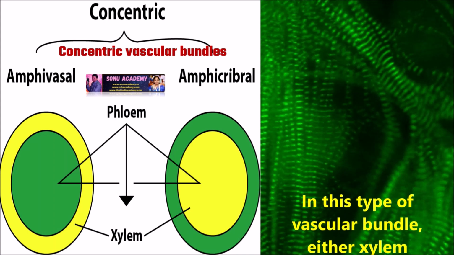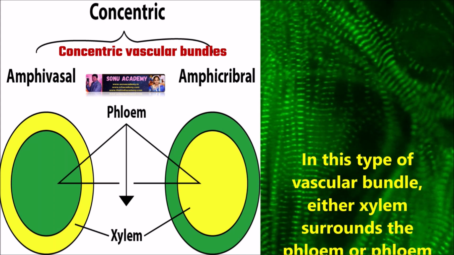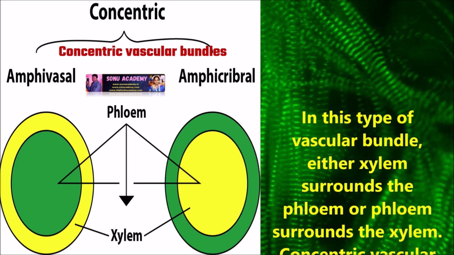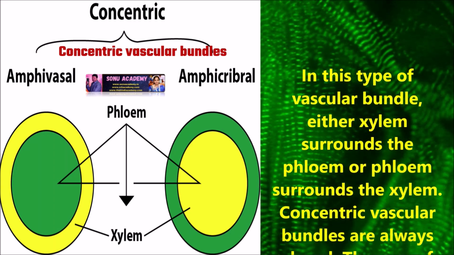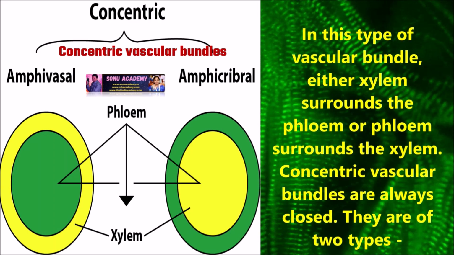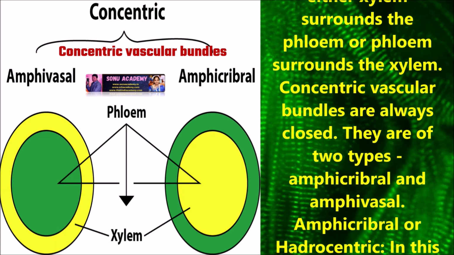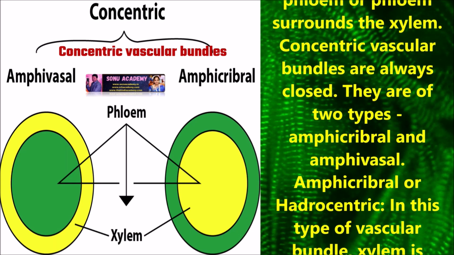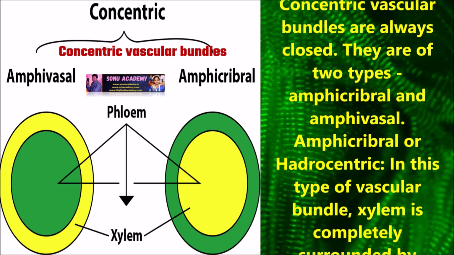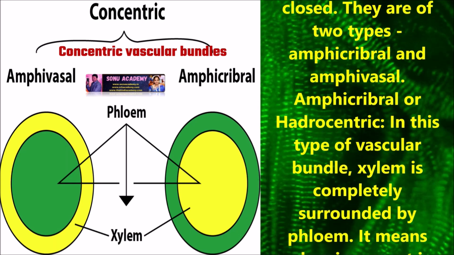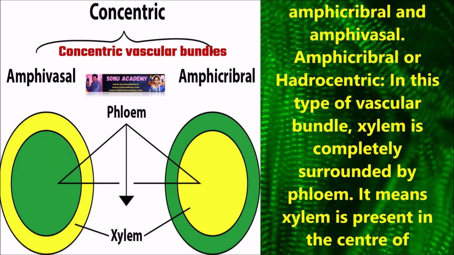Concentric vascular bundles. In this type of vascular bundle, either xylem surrounds the phloem or phloem surrounds the xylem. Concentric vascular bundles are always closed. These are of two types, amphicribral and amphivasal. Amphicribral or hadrocentric: in this type of vascular bundle, xylem is completely surrounded by phloem.